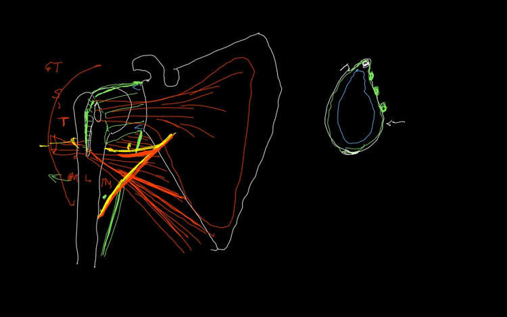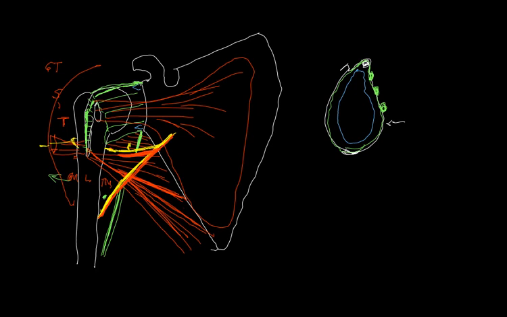And the quadrangular space: upper boundary, the lax part of capsule sandwiched between subscapularis and teres minor, medial boundary, long head of triceps, inferior boundary, teres major, going and getting attached to the medial lip of the bicipital groove, and lateral boundary, surgical neck of humerus.